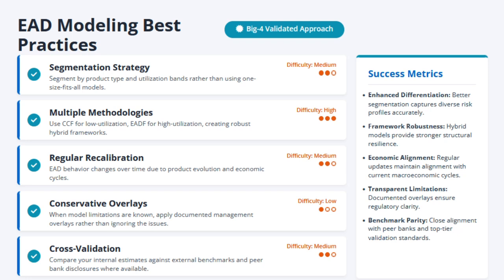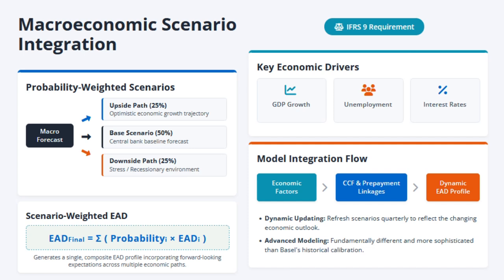Compare your internal estimates against external benchmarks and peer bank disclosures where available. One should also consider success metrics like enhanced differentiation, framework robustness, transparent limitations in the documentation, and benchmark parity. That is the close alignment with peer banks and top tier validation standards.